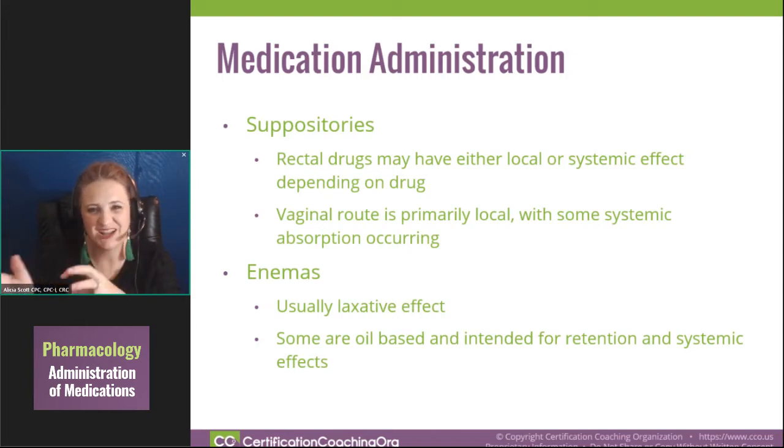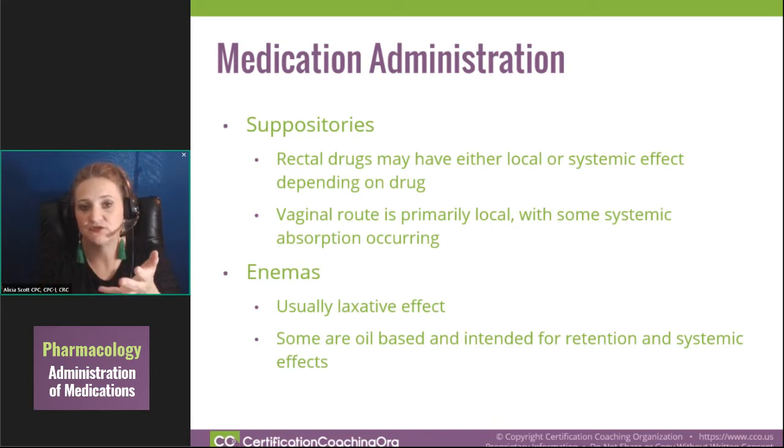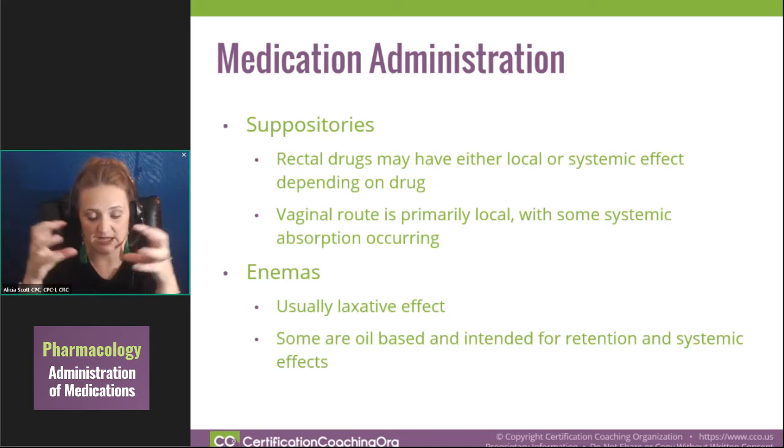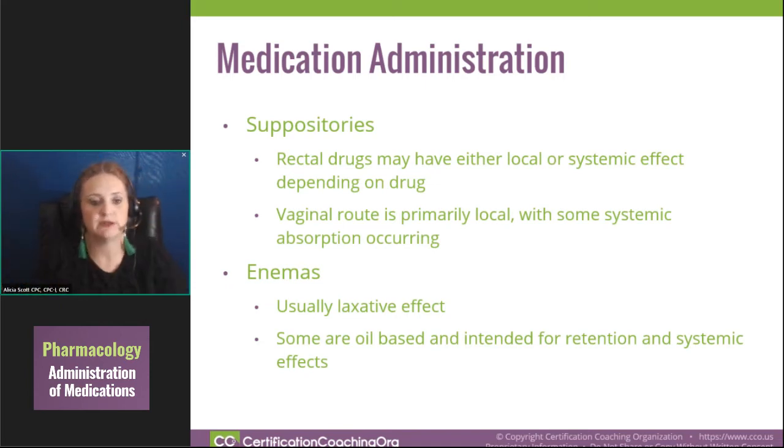Again, there are other rare cases, but that's the purpose of enemas for the most part. They have different types of enemas. They have oil-based, they have suds, they call them soap suds enemas, and they have regular water enemas. Again, it really depends what the purpose is, maybe if it's an impaction versus we just want to stimulate the body, maybe the vagus nerve or whatever, to kick in to help the person have a bowel movement.